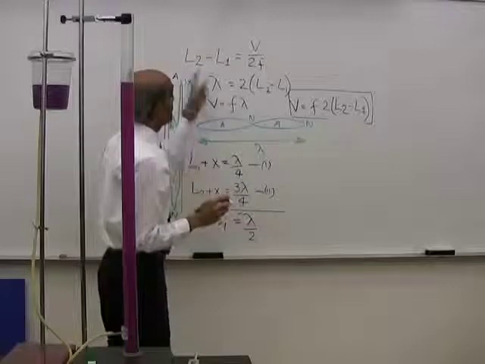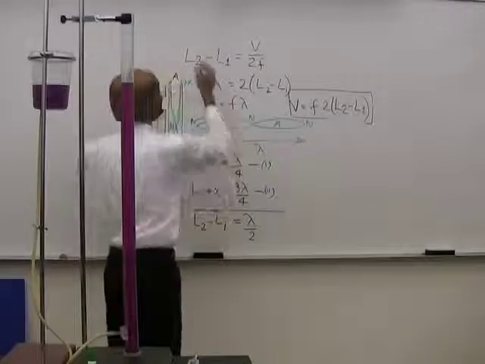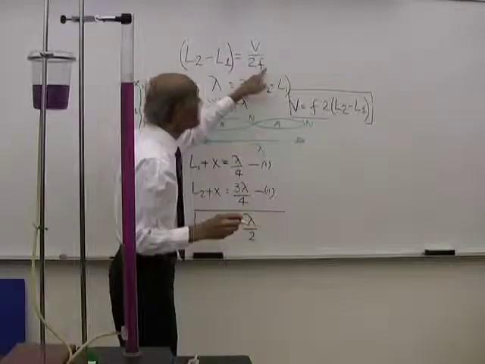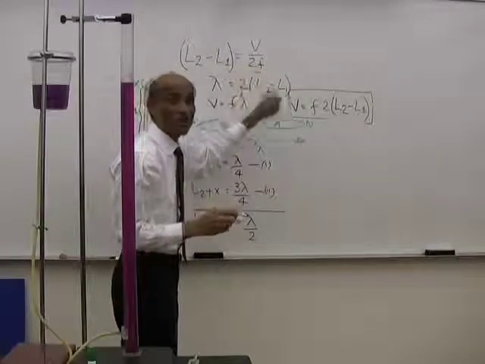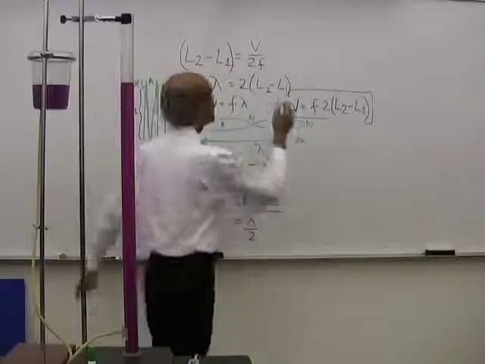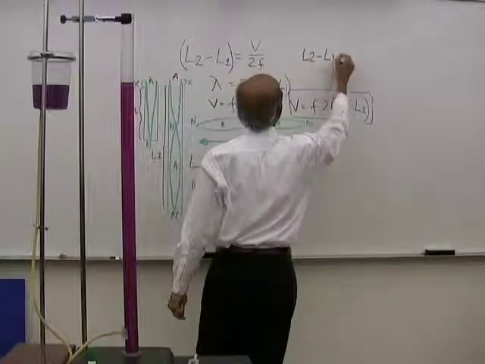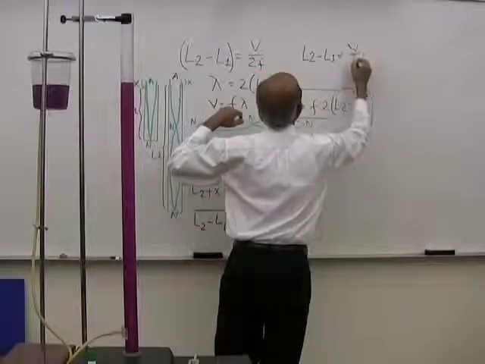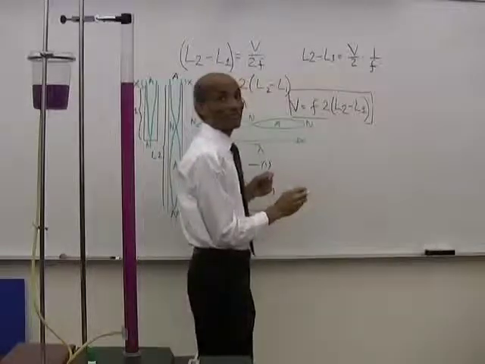Now, when you write that in the form y equal to mx, knowing that L2 minus L1 is a variable and F is another variable, how do you write it in the form y equal to mx? Look at the way I write it. I say L2 minus L1 equal to V over 2 times 1 over F.